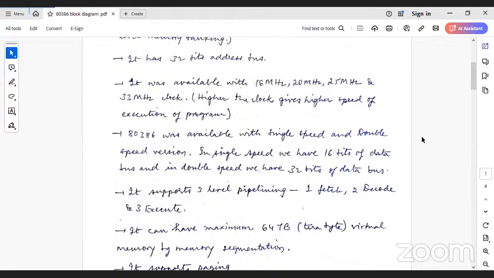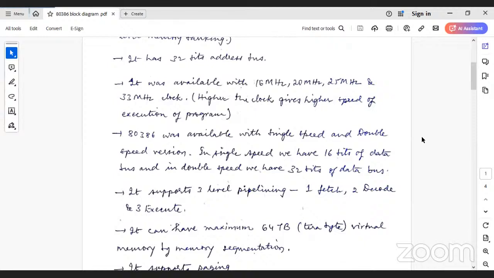In that you will see that all those programs which were written for the 8086 processor, you can still execute them using the 386 processor. One of the major differences between 8086 and 386 was the data bus. 386 has a 32-bit data bus, whereas 8086 has a 16-bit data bus.